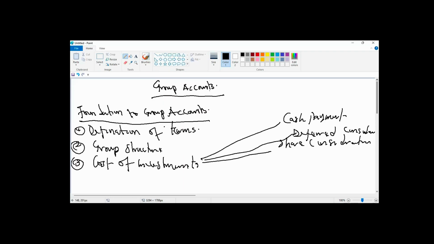It can also be contingents. Then the last one, which is the loan notes.